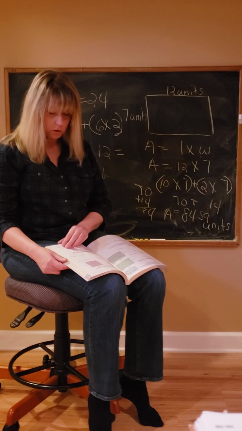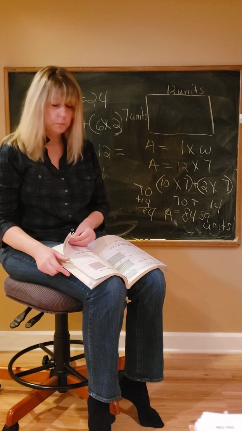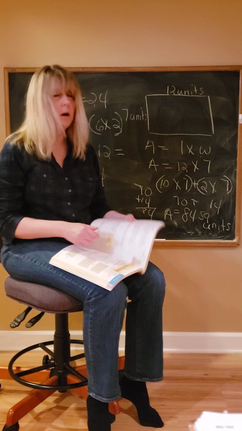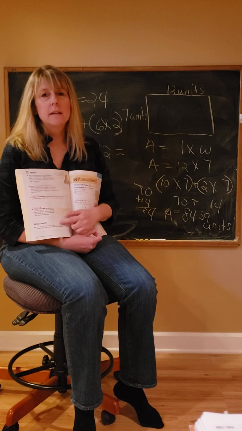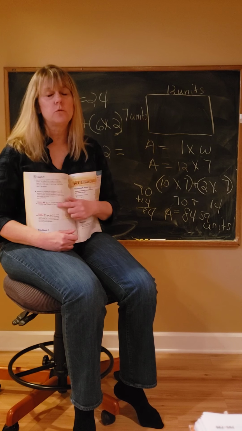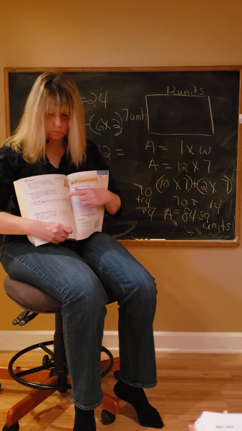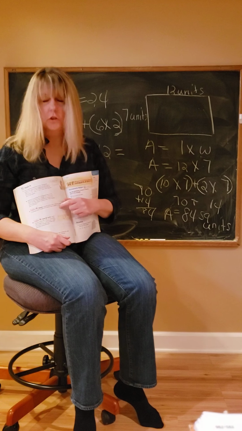So I'm going to ask you to do all of the problems on page 793 and 794. Notice about these word problems, they're asking you to find the area using the distributive property for each one. You can show your work on a separate sheet of paper if you need to, but make sure you do that.